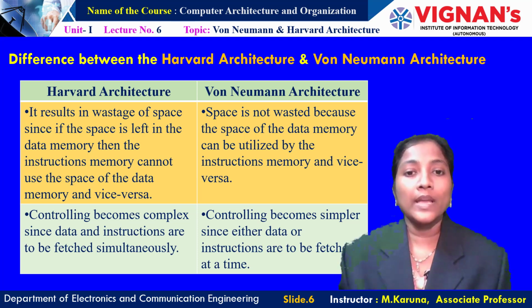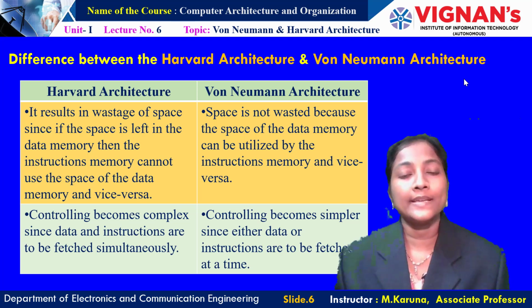In the Von Neumann architecture, each instruction execution requires two machine cycles. In the Harvard architecture, one instruction cycle or machine cycle is required to execute one instruction.